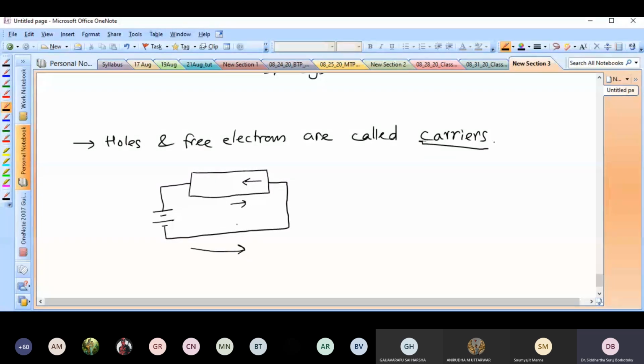But the thing is, you will not have too much charge moving, because the pure silicon crystal, as I said, does not have too many holes and electrons, so it cannot carry a lot of charge.